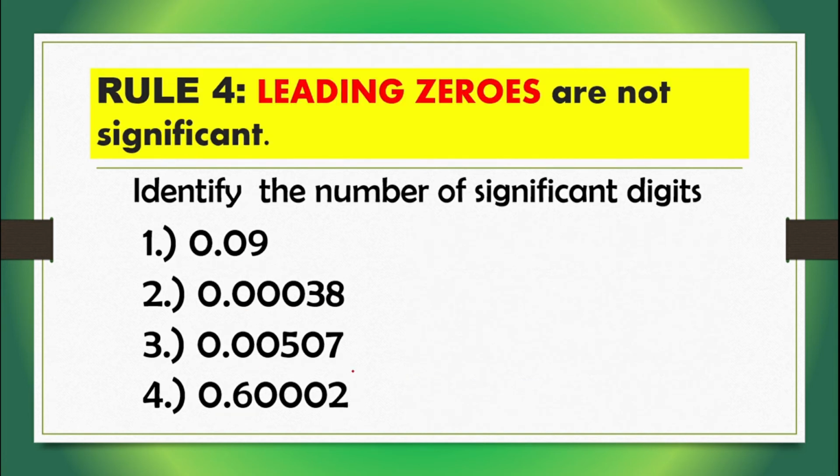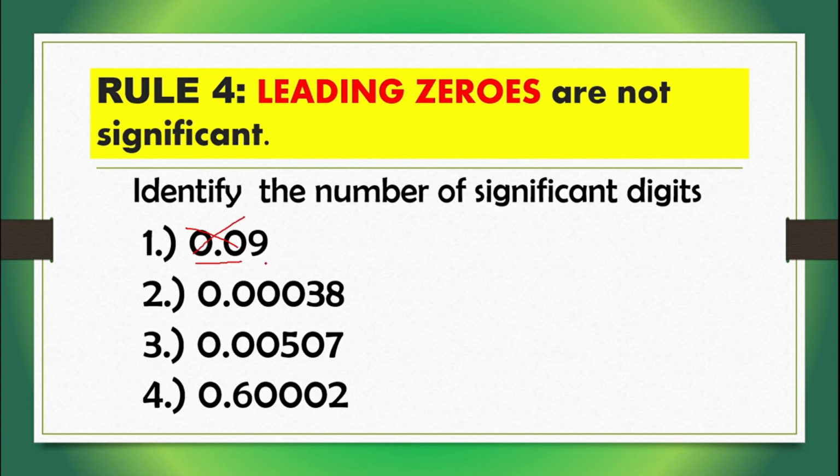Next, for rule number 4, leading zeros are not significant. When we say leading zeros, these are the zeros that are found as the leading numbers. For example, in here, the zeros lead the number, and therefore they are not significant.